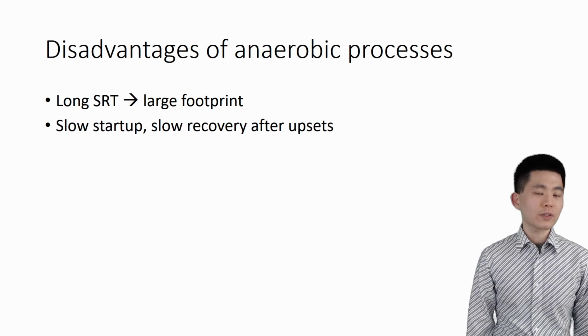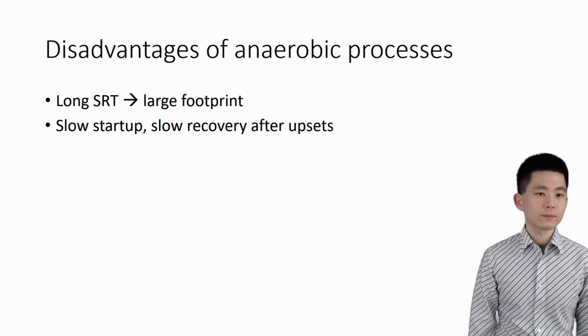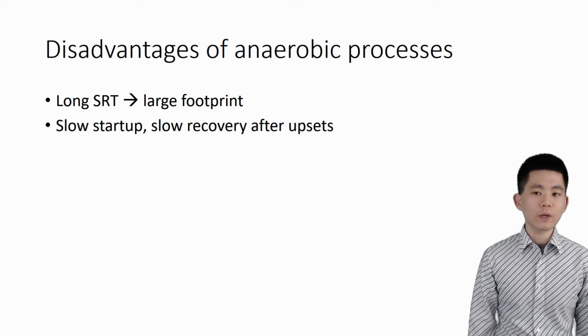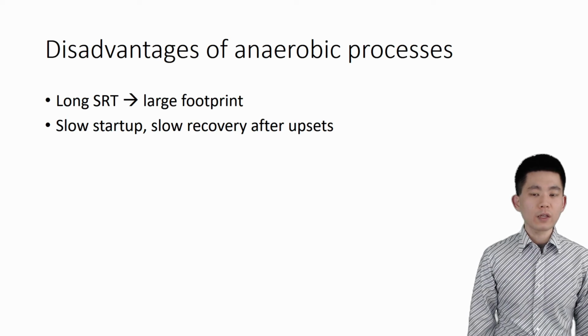New technologies like membrane bioreactors and various attached growth reactors have been developed to tackle this. But they also have their own issues, such as membrane fouling for membrane bioreactors. The slow growth rate also means a long startup period and slow recovery after reactor upset.